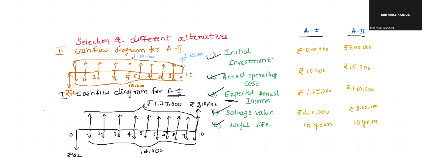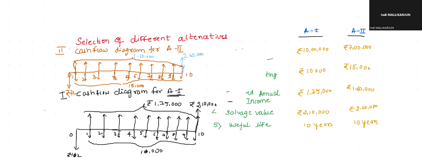Now we have to choose among these alternatives which one will be the best alternative. Based on the cash flow diagram, we have to conclude which alternative is best. Now, using the future worth method, we have to calculate. In the previous class, we selected the alternatives based on the present worth method. Here, using the future worth method, which alternative will be the best?